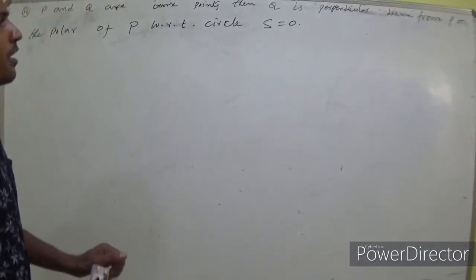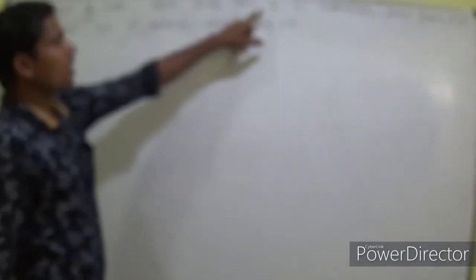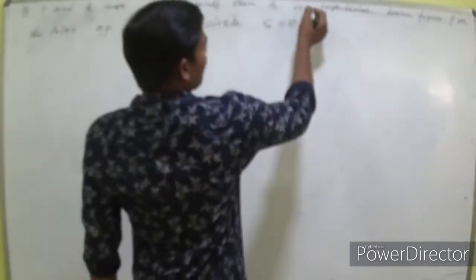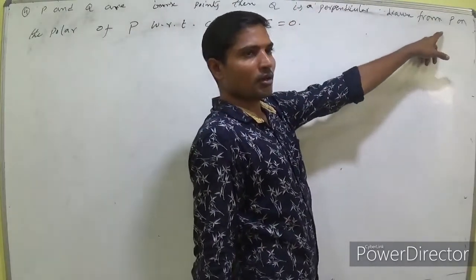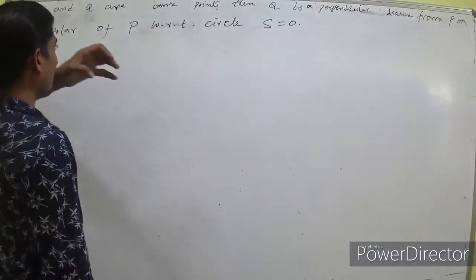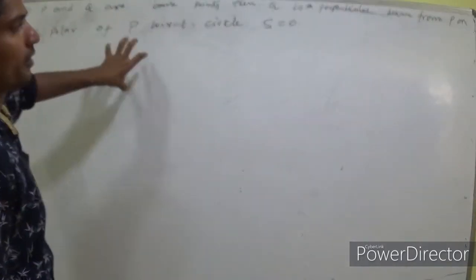So Q is the perpendicular drawn from P on the polar of P.